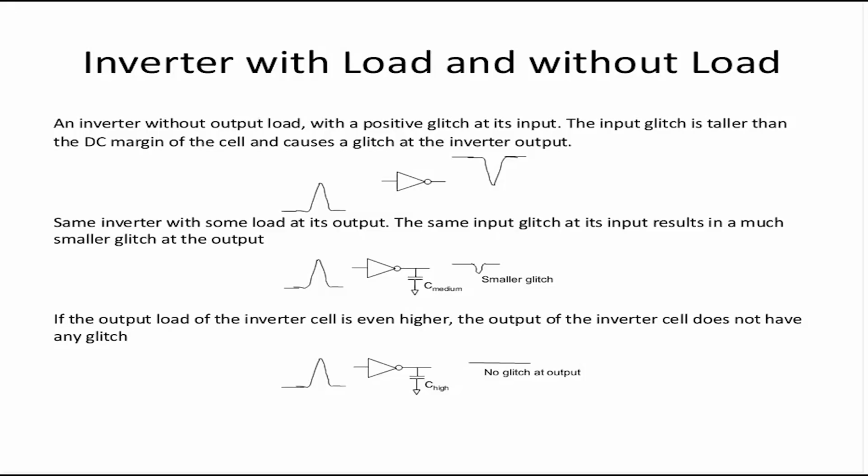If the inverter is driving some output load, the glitch effect will be smaller. If it's driving a higher load, the glitch effect will be smaller still. It might be non-existent, because this capacitance keeps on increasing and goes beyond the coupling capacitance. This is why it is not good practice to leave the output of a cell open.